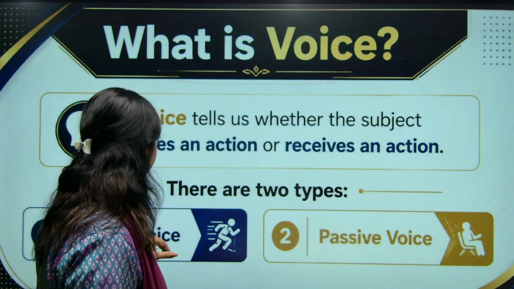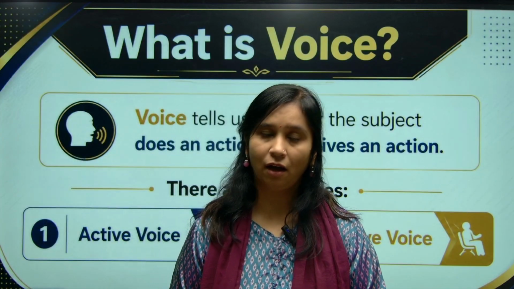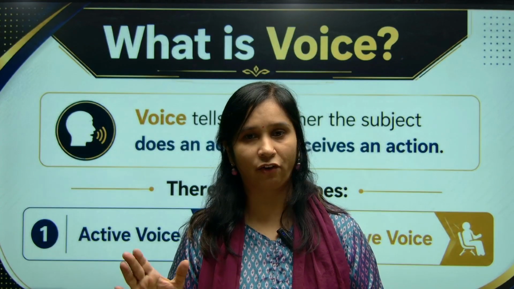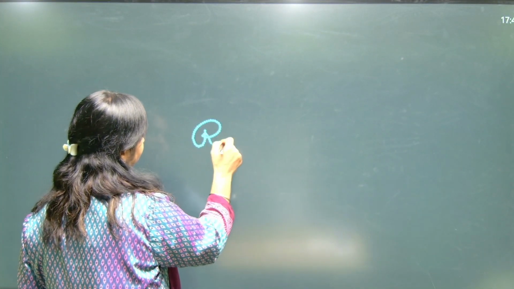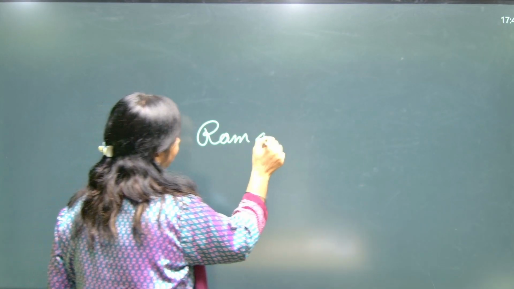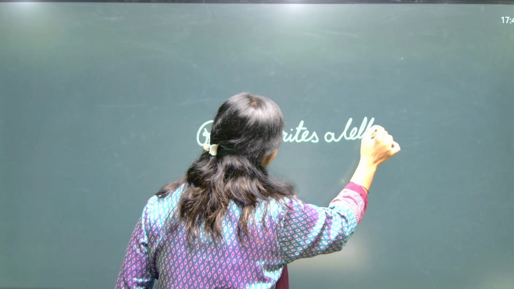Take an example. We'll take an example like Ram is writing a letter. A letter is being written by Ram. Now, what is the difference between both of these? Ram writes a letter.